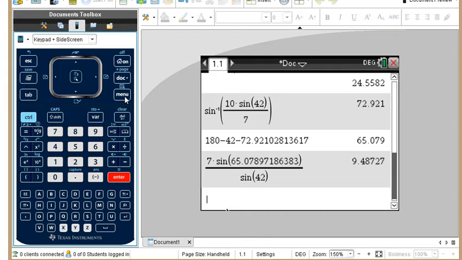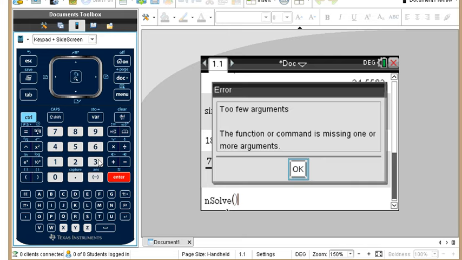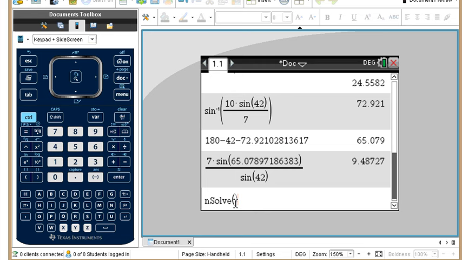So we go to menu 3.1, and we come in here.